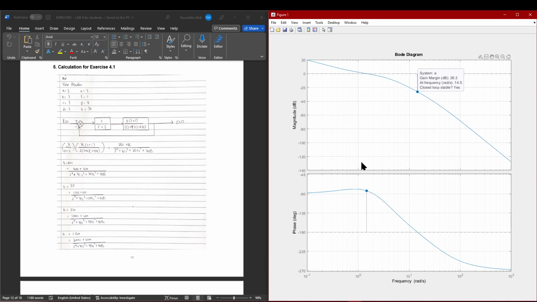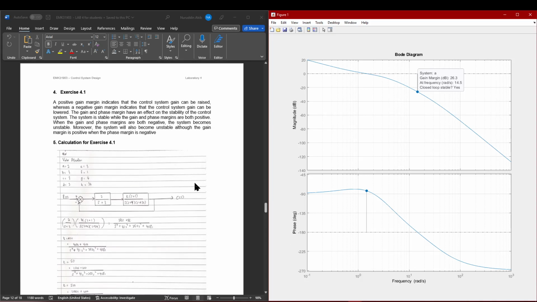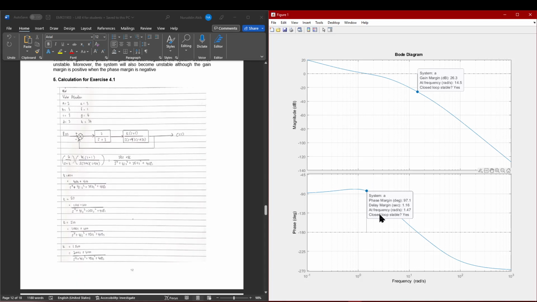So for procedure 3, the Bode plot is stable. So this one will also be stable, because the magnitude graph here meets the intersection first, and then the phase degree meets it after that.